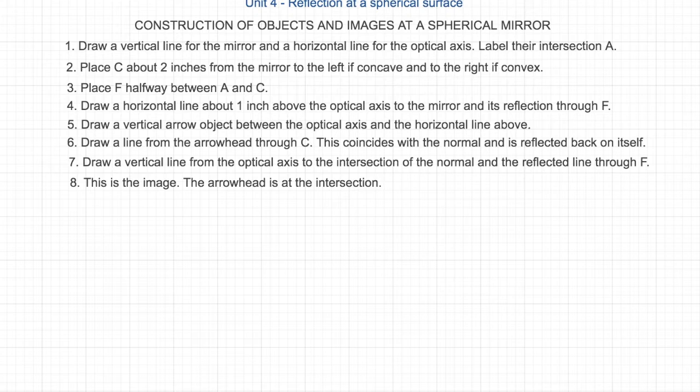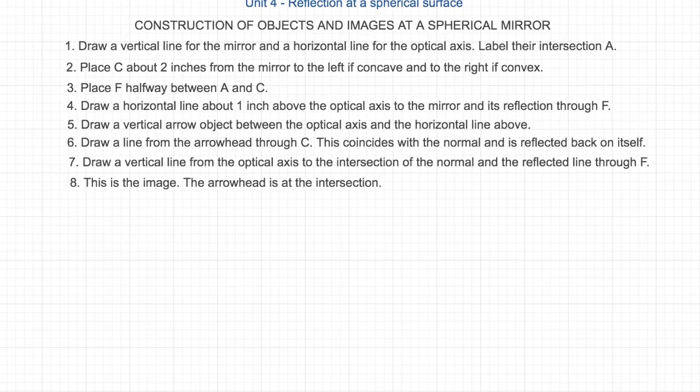Now, you draw a horizontal line about 1 inch above the optical axis. That's your parallel ray, and send its reflected ray through F, and you can extend it back in both directions if you want. Then you draw a vertical arrow object between the optical axis and the horizontal line above that you just drew.